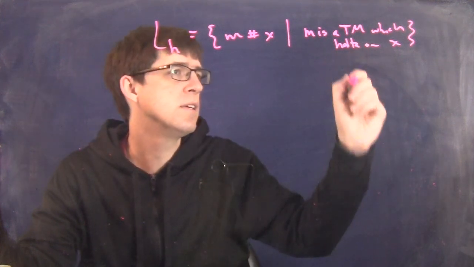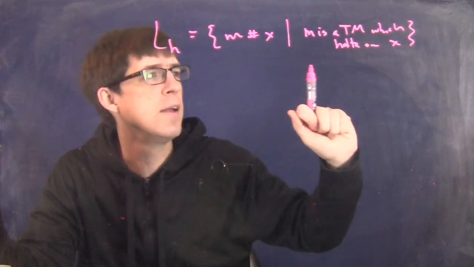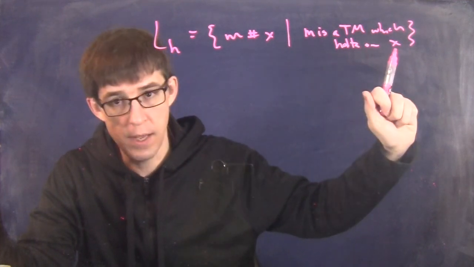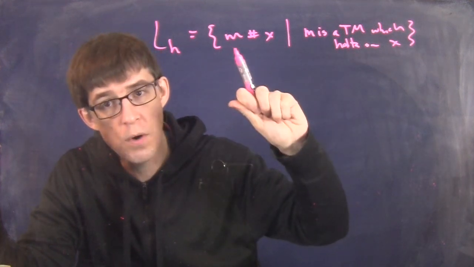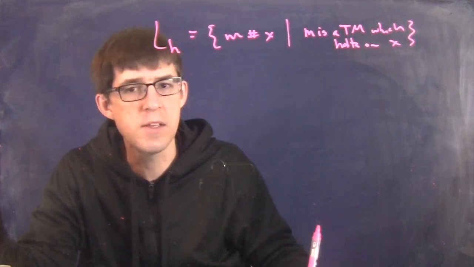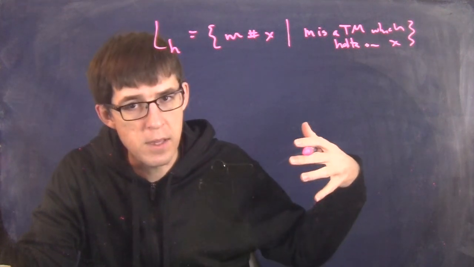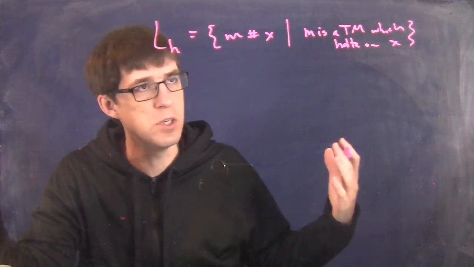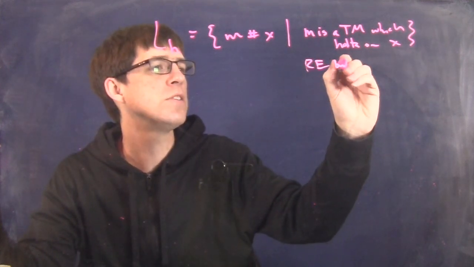Another way of saying this is that it is possible to make a Turing machine which will simply verify that M halts on X, but it's not possible to make a machine which will tell you yes or no if M halts on X, because when the answer is no, sometimes that machine would have to run forever, and you would never finally give the answer of no. It would just run forever instead. Anyway, this is RE, but not recursive.